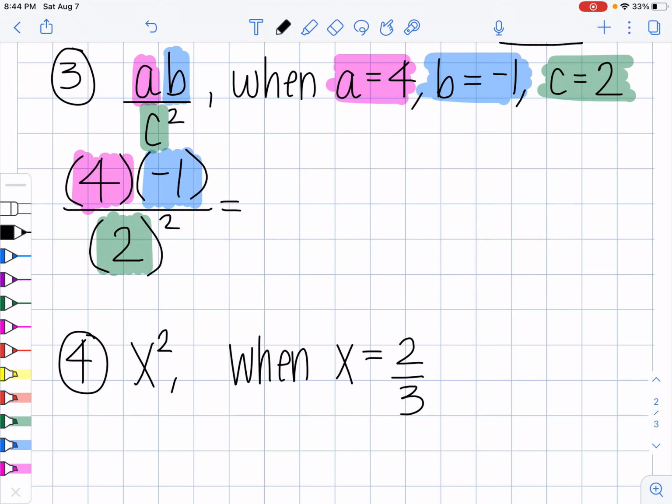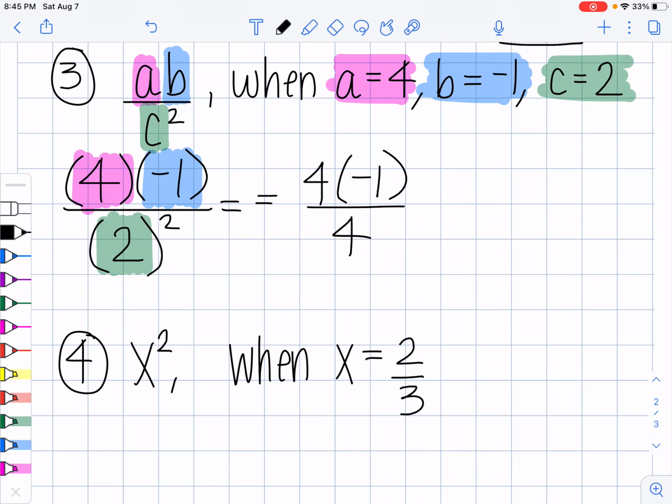Now I use my order of operations. Can't simplify anything inside my parentheses. I do have an exponent. 2 squared, remember 2 squared means 2 times 2, or 2 multiplied by itself 2 times. 2 squared is 4. So I have 4 times -1. And then my order of operations says I can do multiplication and division from left to right.